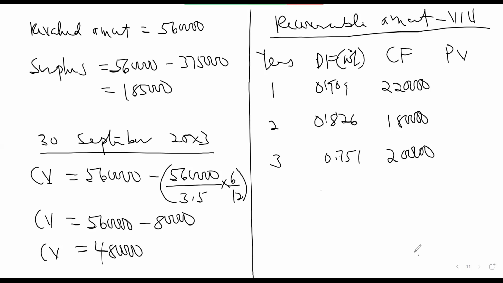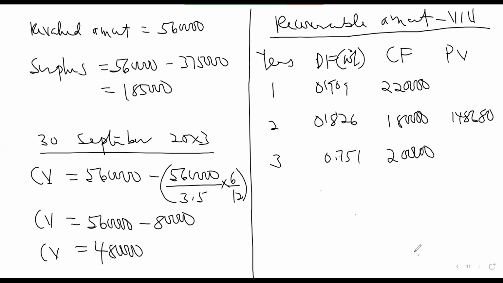Let's find the cash flows. I'm having 1,486,80 for this one.